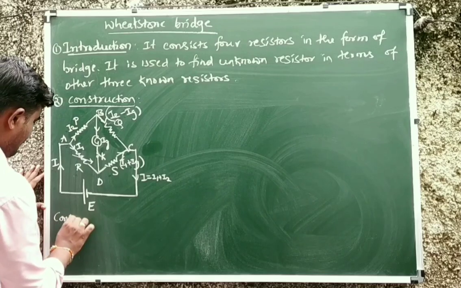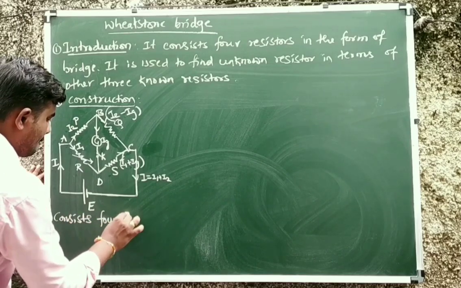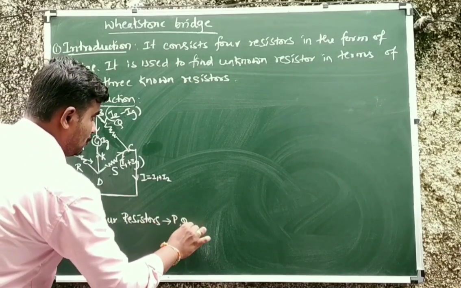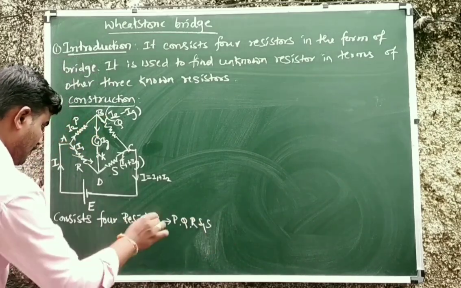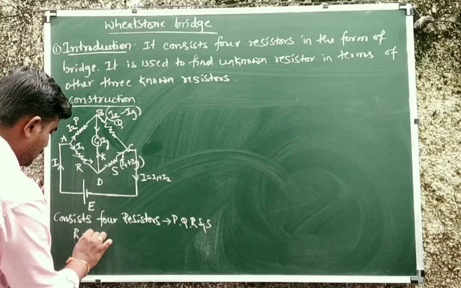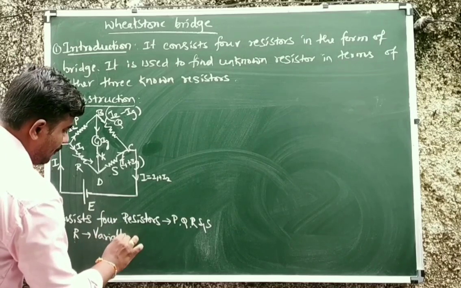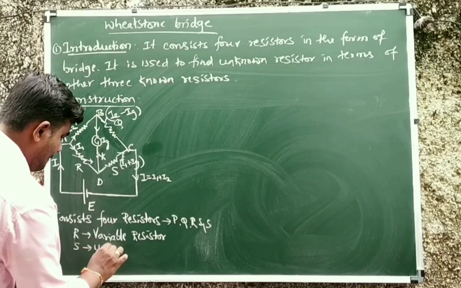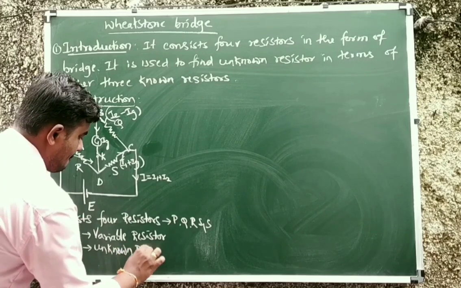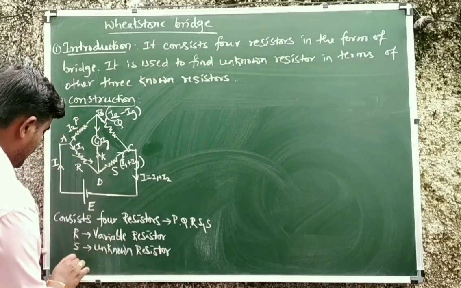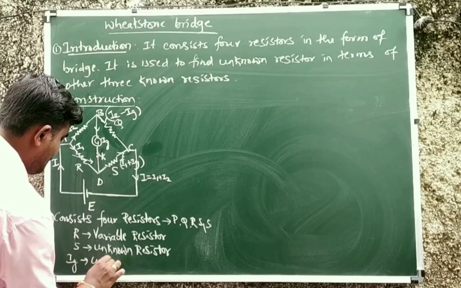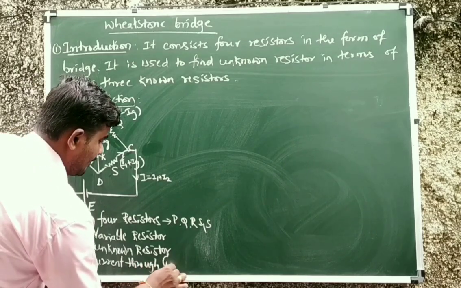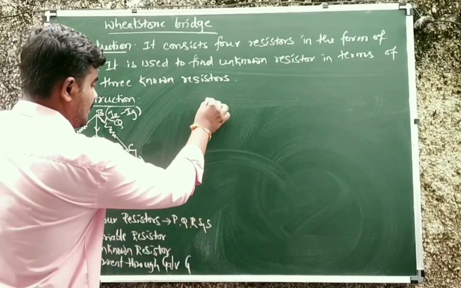So it consists of 4 resistors, P, Q, R and S, where R is a variable resistor, and S is an unknown resistor, and IG is the current through the galvanometer G. So this is the construction part.